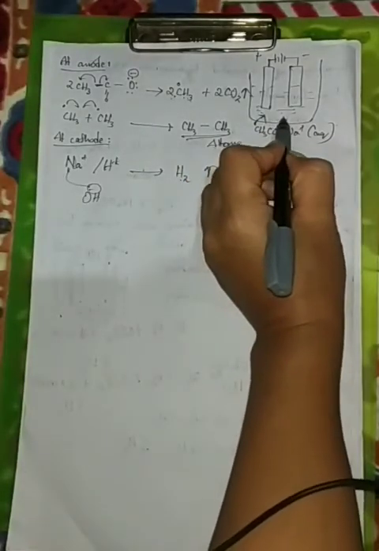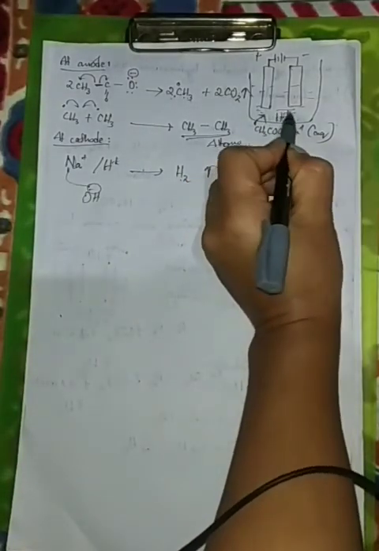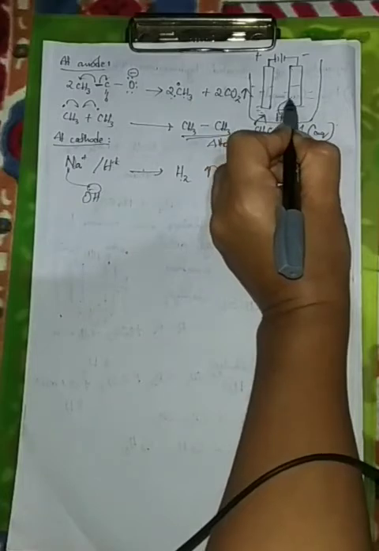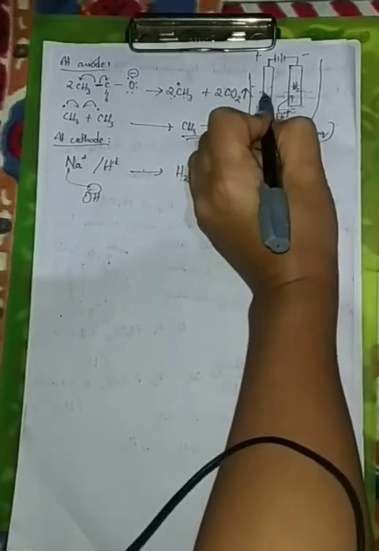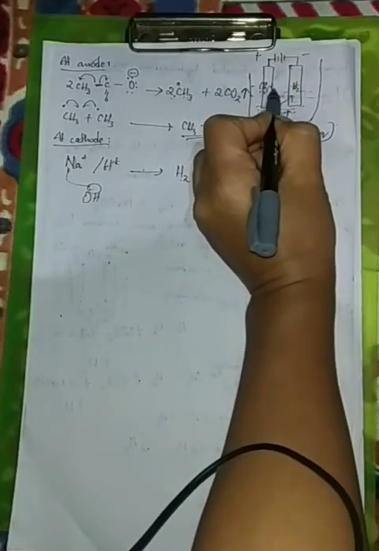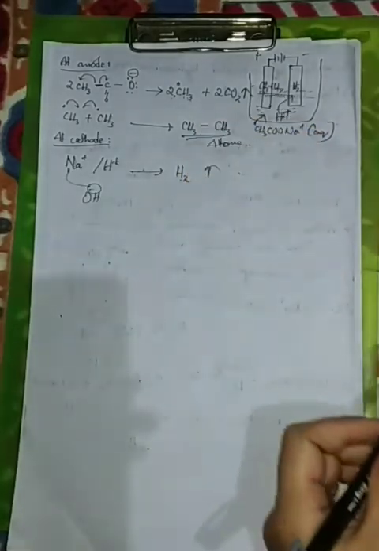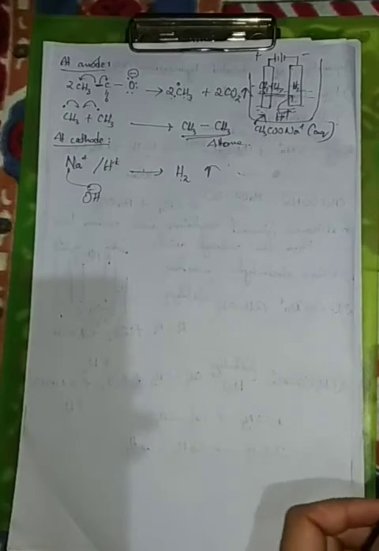We know that H plus is released in the solution, so this H plus goes to the cathode and there is formation of H2, and at the anode there is formation of the ethane molecule, that is our saturated hydrocarbon known as ethane.